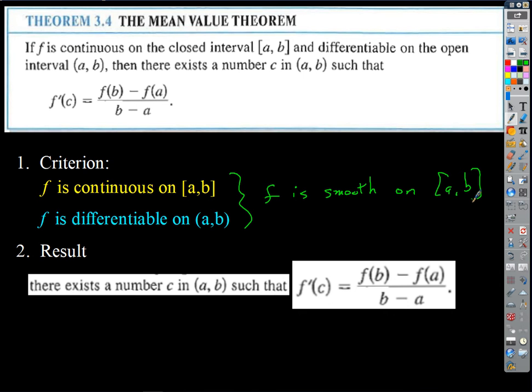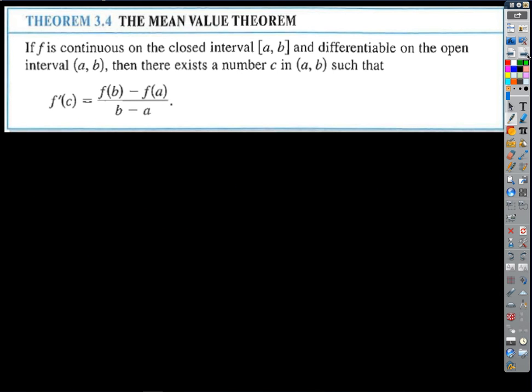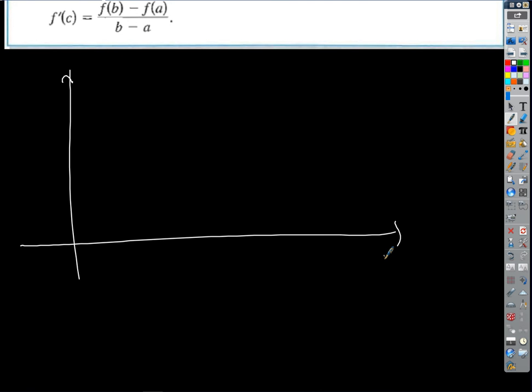So now all we're going to say is, if we know that we're going to get a function that's smooth on the interval from A to B, then you tell me what has to happen in between this time. And I'll give you a hint. The mean value theorem is just like tilting Rolle's theorem.